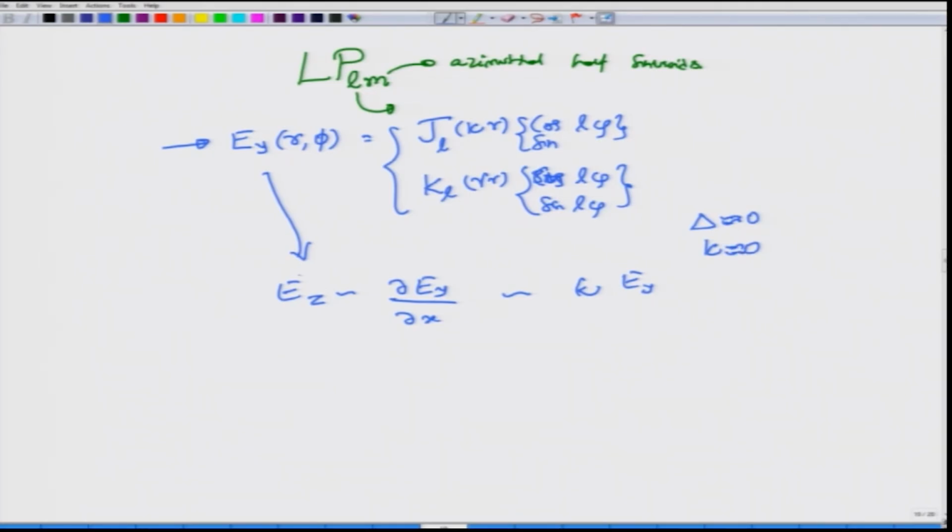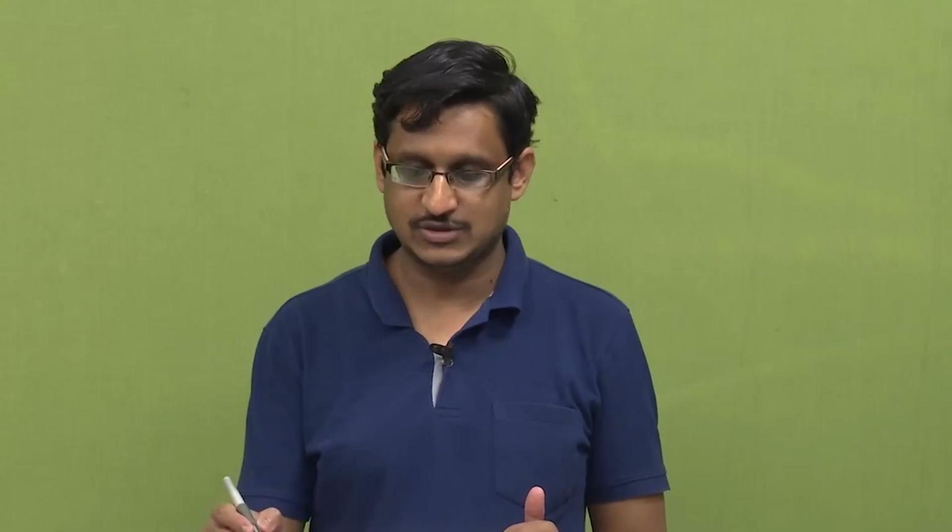What we have just figured out, without solving the equations of course, is that Ez will be very very small compared to Ey, because Ez is kappa times Ey, and kappa in the weakly guided approximation is actually equal to 0. So, this is the basic idea behind linearly polarized modes.